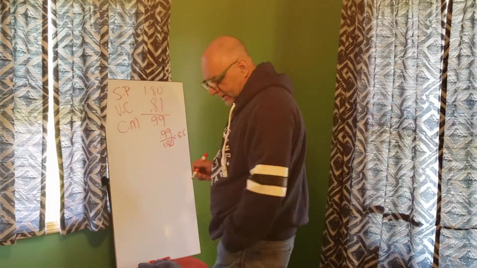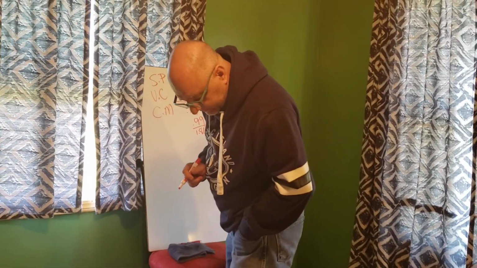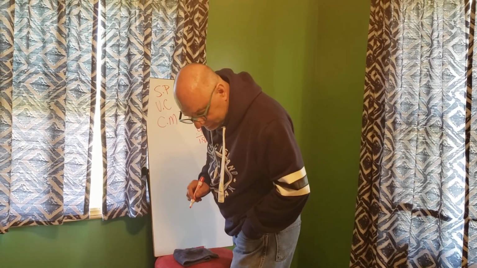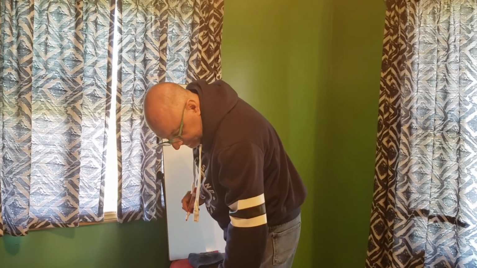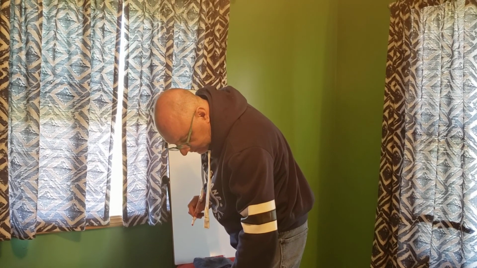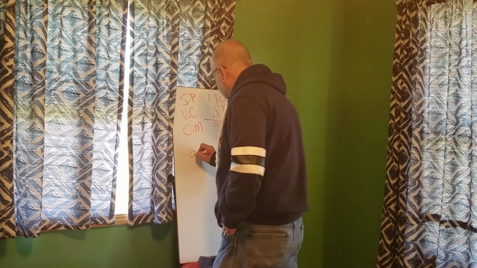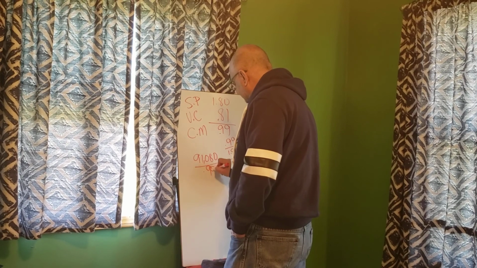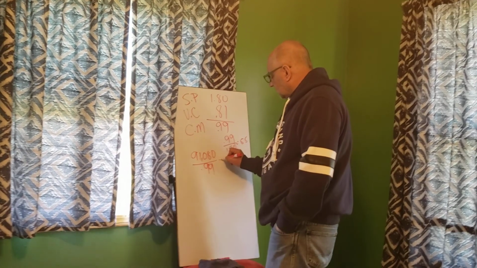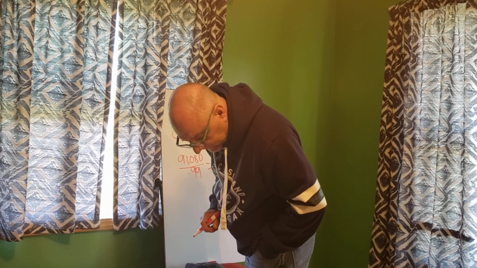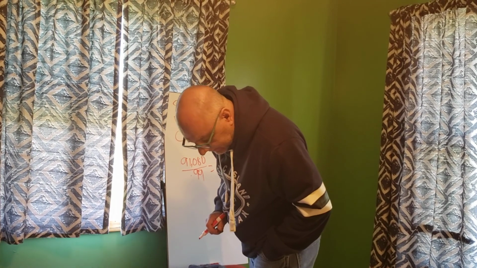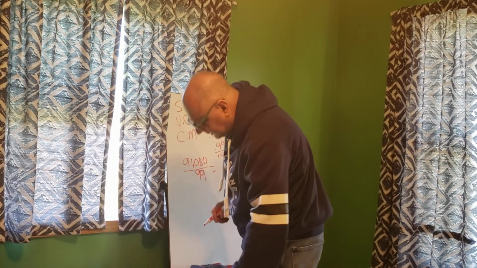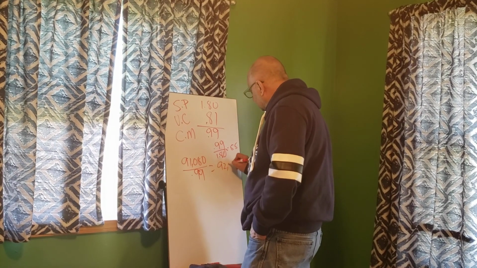To calculate my break-even point, like we've talked about in a previous class, we take my fixed cost of 91,080 divided by 99 cents, and that gives me 92,000 units.